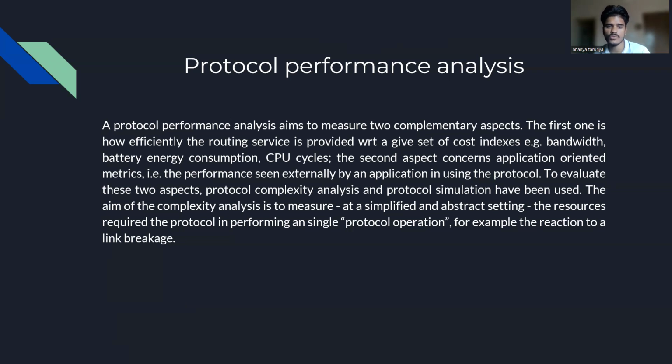To evaluate these two aspects, protocol complexity analysis and protocol simulation have been used. The aim of the complexity analysis is to measure, under simplified abstract settings, the resources required by a protocol in performing a single protocol operation, for example the reaction to a link request.